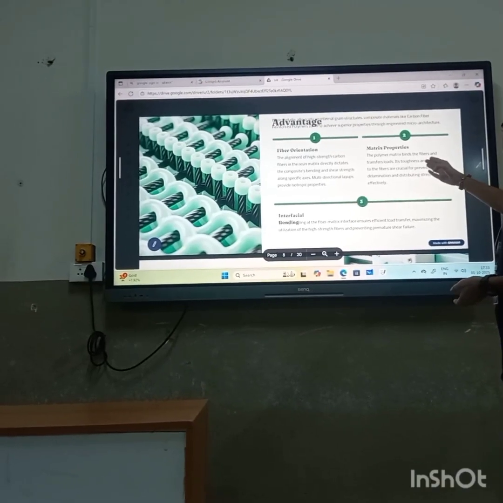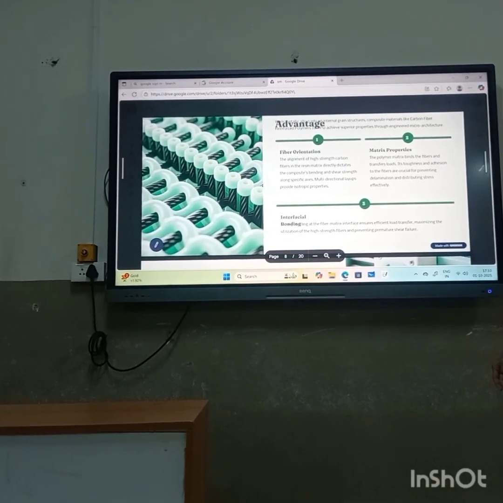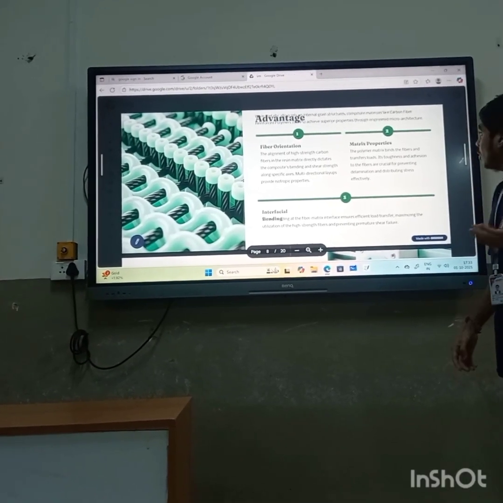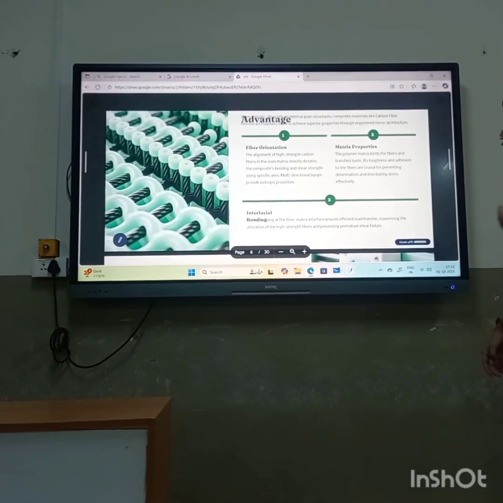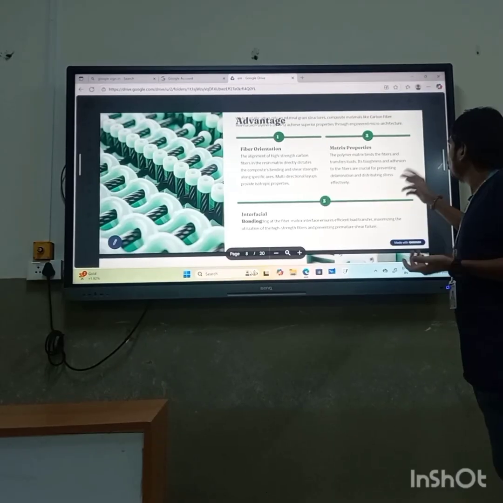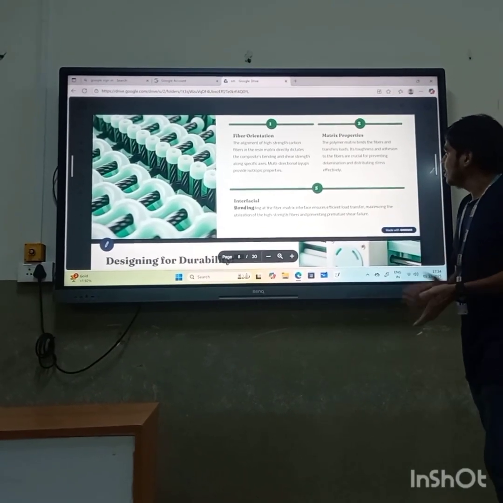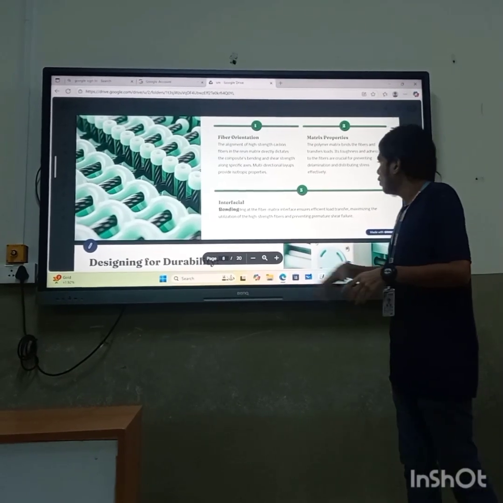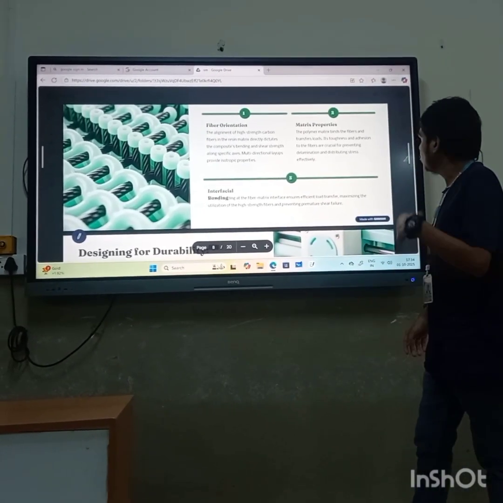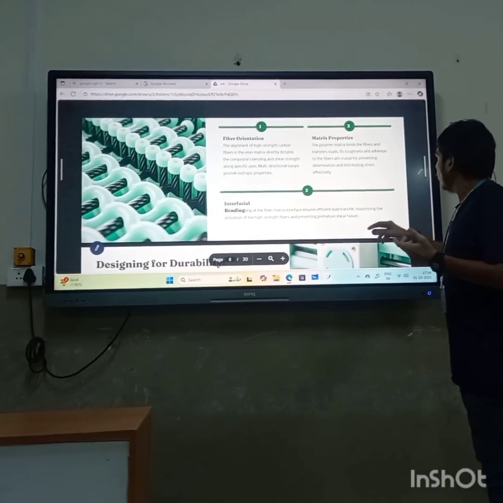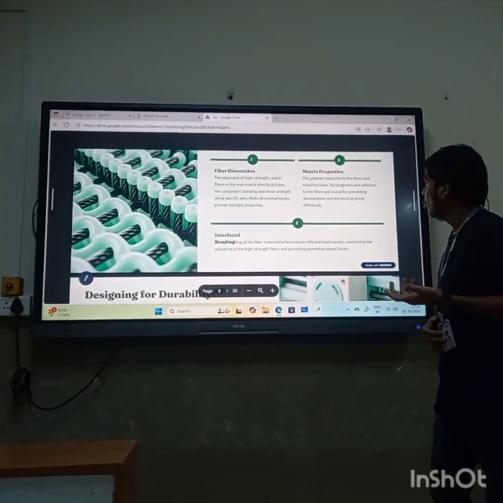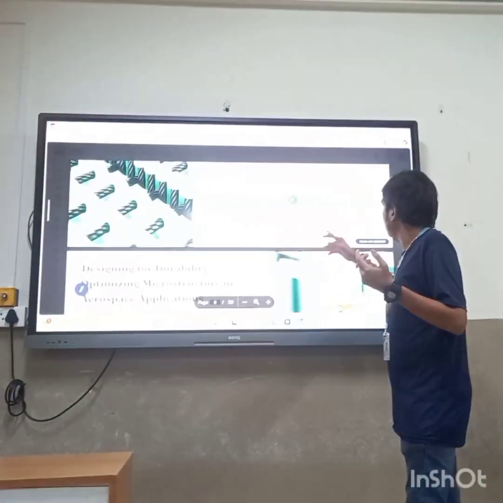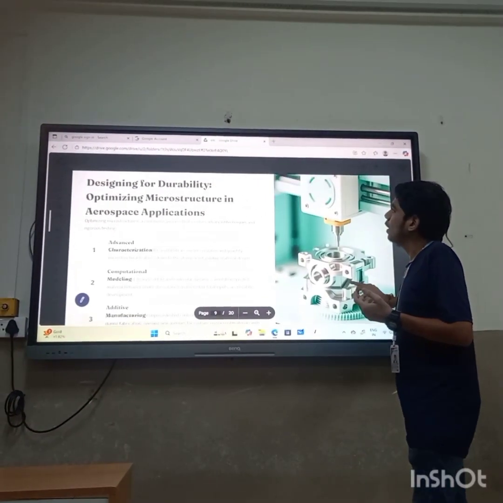The polymer matrix binds the fibers and transfers the loads. Toughness and adhesion to fibers are crucial for preventing delamination and distributing stress effectively. And next is interfacial bonding. The fiber-matrix interface ensures efficient load transfer, maximizing the utilization of the high strength fibers and preventing premature shear failure.